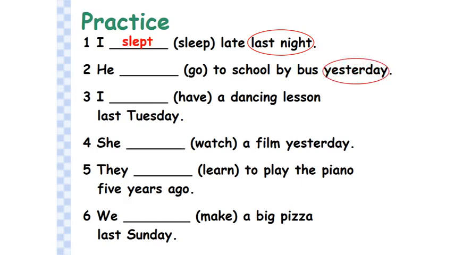I'm going to use the second form of the verb go: went. He dash have a dancing lesson last Tuesday. Last Tuesday is telling us the sentence is in past tense. I'm going to use the second form of the verb have: had. I had a dancing lesson last Tuesday.